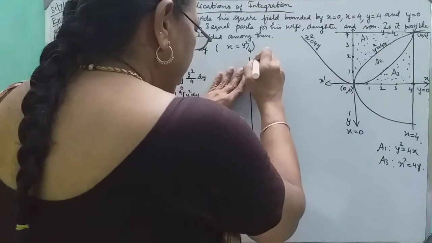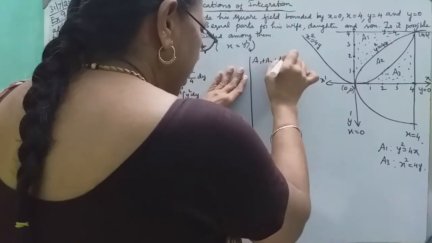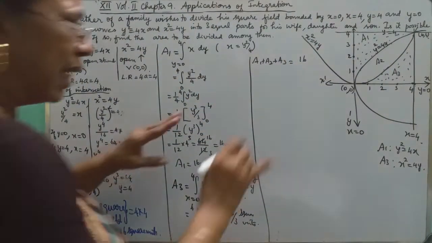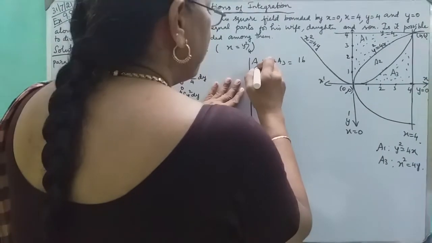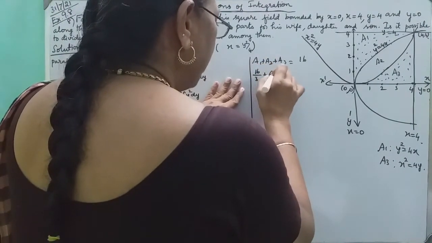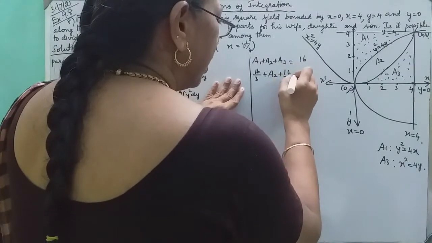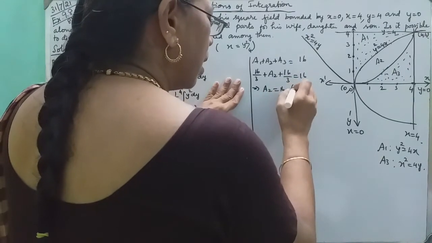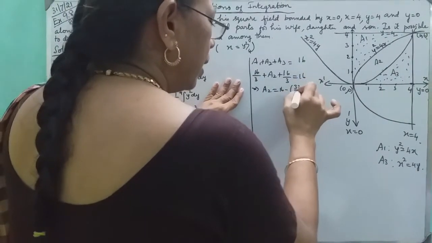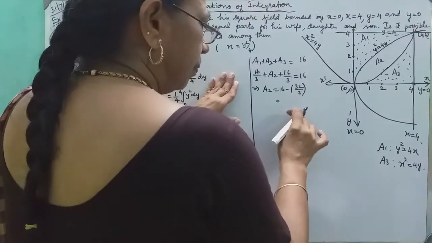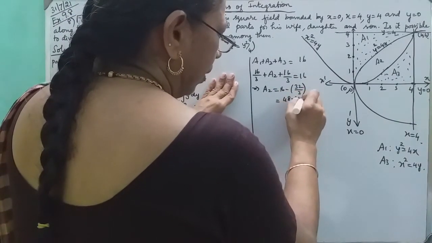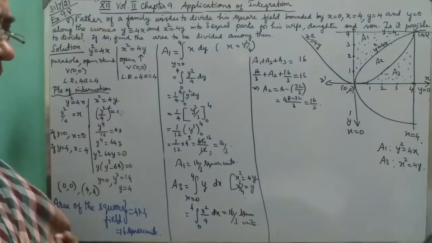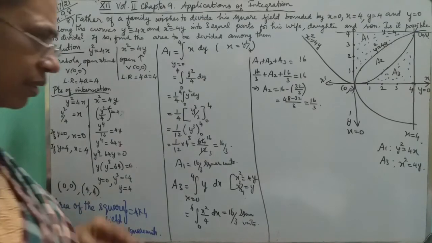We know very well that A1 plus A2 plus A3 is equal to 16. Therefore, now this is 16 by 3, and A2 we don't know, and this is also 16 by 3, equal to 16. So this implies A2 is equal to 16 minus, if we add these two, that will be 32 by 3. Understand? So that is 48 minus 32 by 3, that is equal to 16 by 3. So A2 is also 16 by 3 square units.